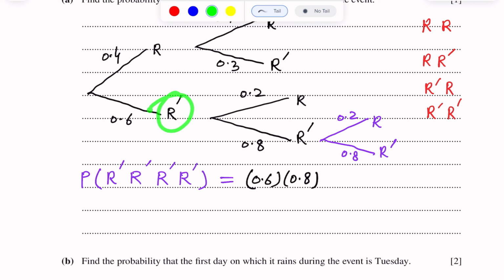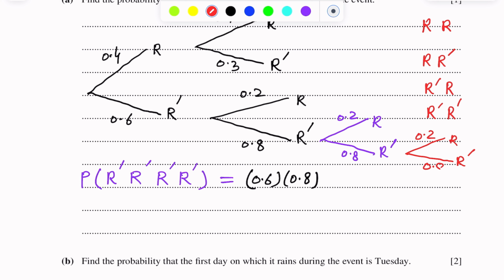So R dash 0.6, R dash 0.8, and R dash is 0.8. For fourth day, again 0.2, 0.8. So we will multiply all the R dash.